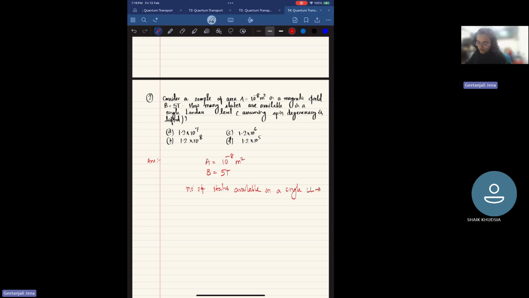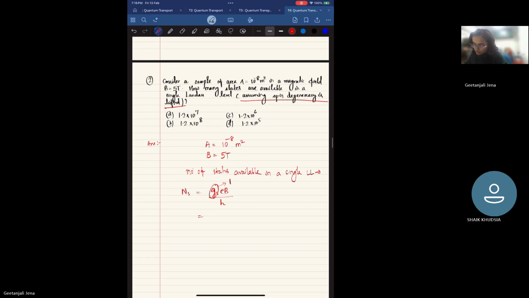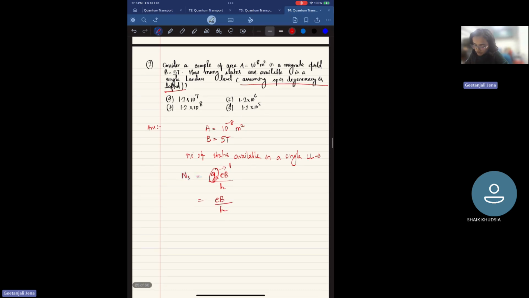Okay, so number of states available in a single Landau level. If you recall, it is given by spin degeneracy times eB by h. It's given that spin degeneracy is lifted, so g_s is now not 2, it is 1. So we can write it as eB by h, multiplied by the area.